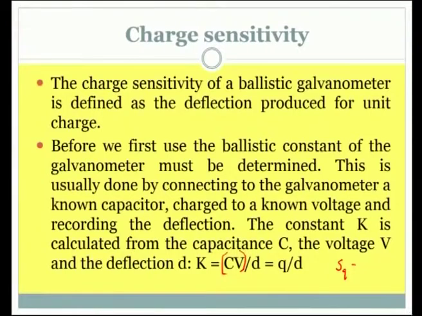How is the charge sensitivity measured? It is how much deflection is produced for unit charge. So, the charge sensitivity SQ is the deflection produced for unit charge. For that, we should measure the galvanometer constant of the ballistic galvanometer.